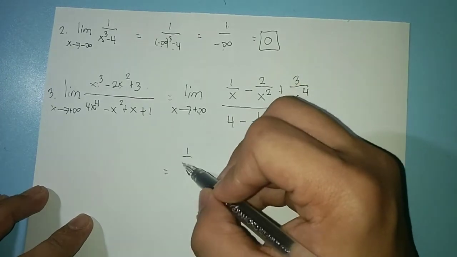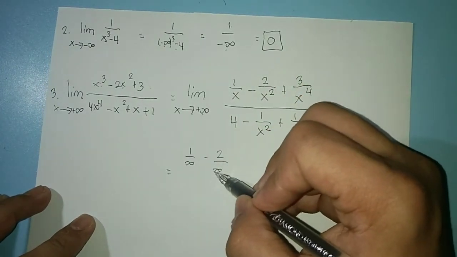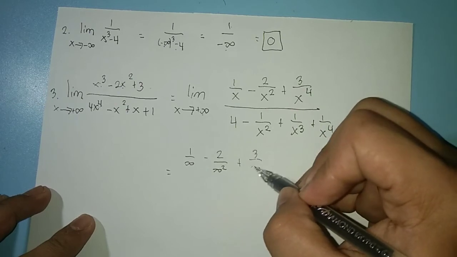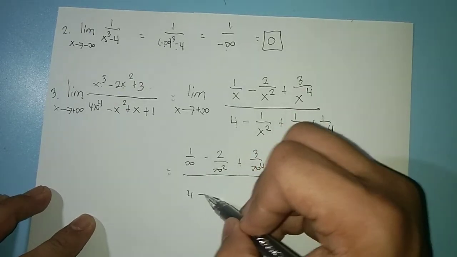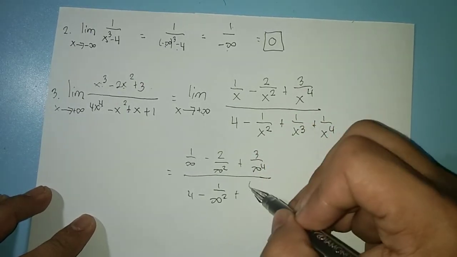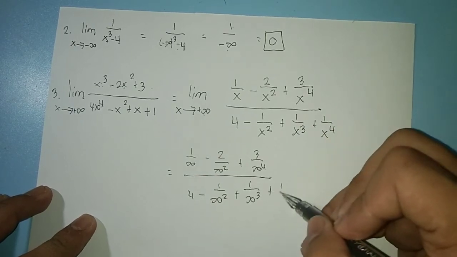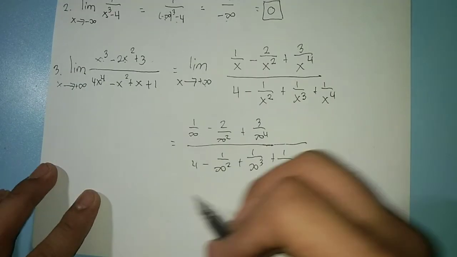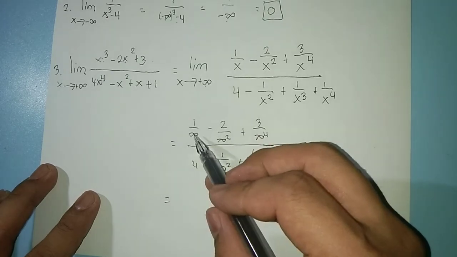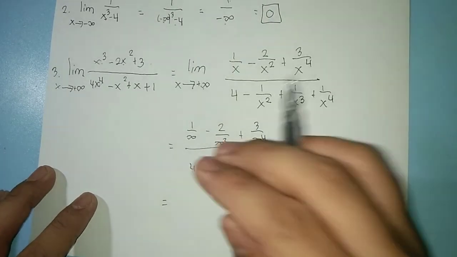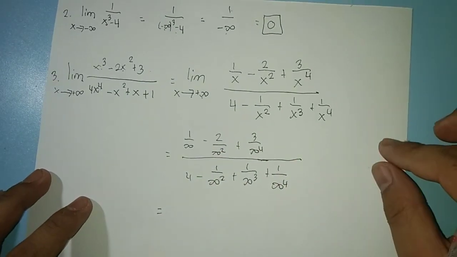Okay? So, 1 over infinity minus 2 over infinity squared plus 3 over infinity raised to 4 over 4 minus 1 over infinity squared plus 1 over infinity cube, 1 over infinity raised to 4. Take note infinity hindi siya number. Basta nire-represent niya very large. Okay?